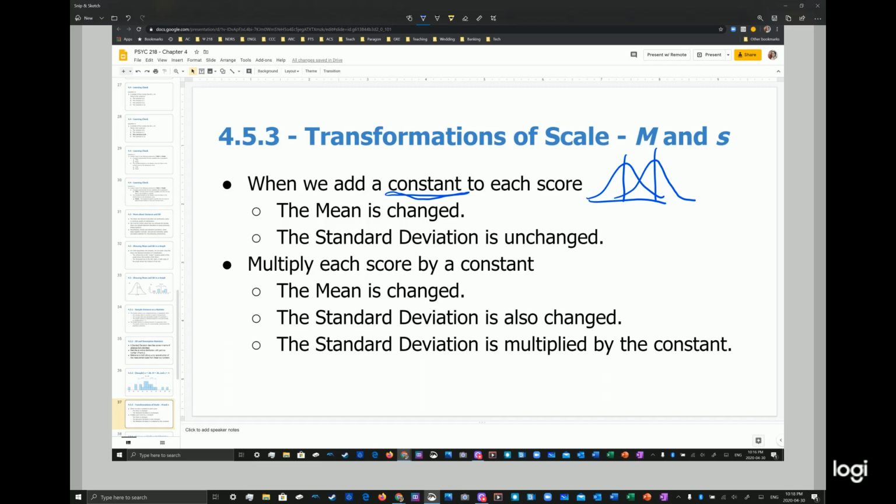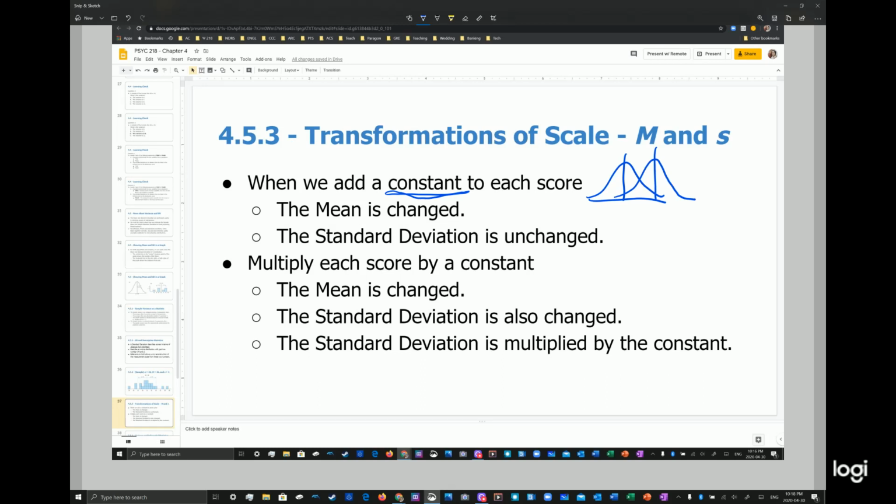If you multiply the score by a constant though, and here is multiply, again, the constant could be an integer or a fraction, and it could be a fraction that's less than 1, which would be division. But anyway, if you multiply a score by a constant, the mean is changed. Again, it would shift.